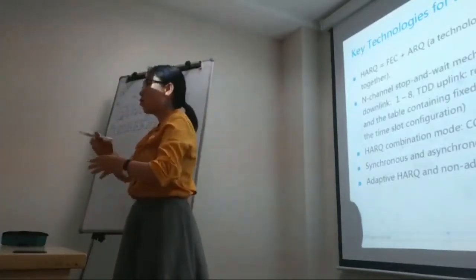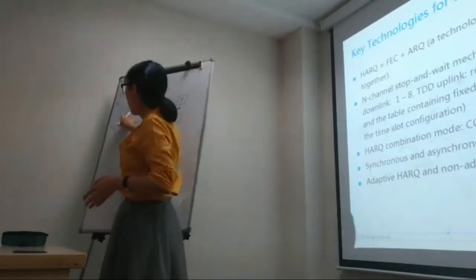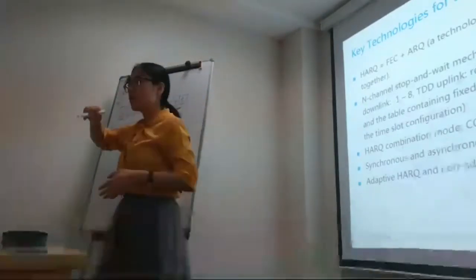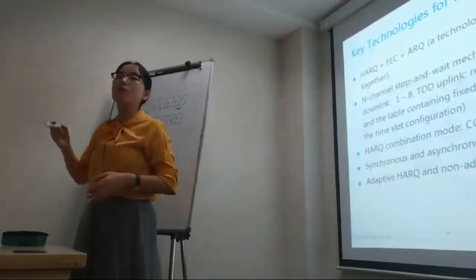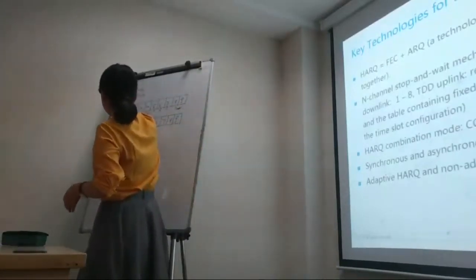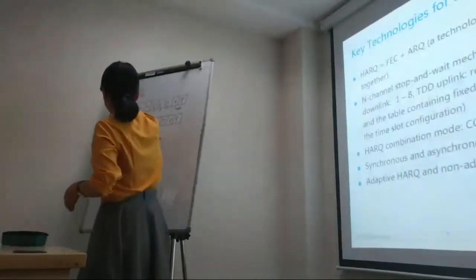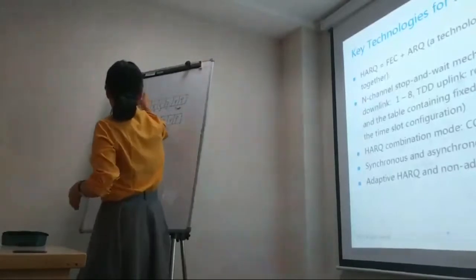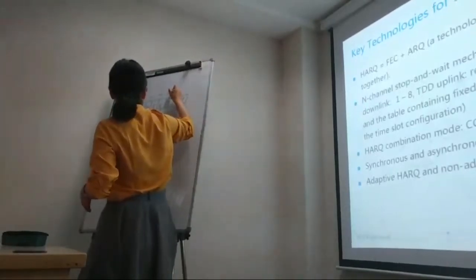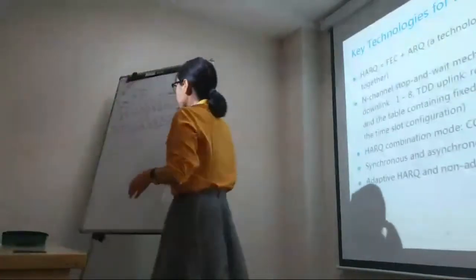So in order to mark it, when we start a data transmission, we start a HARQ process, right? We give it a HARQ process number. So this is HARQ process 1, HARQ process 2. At the same time, we have 8 HARQ processes in total, right?